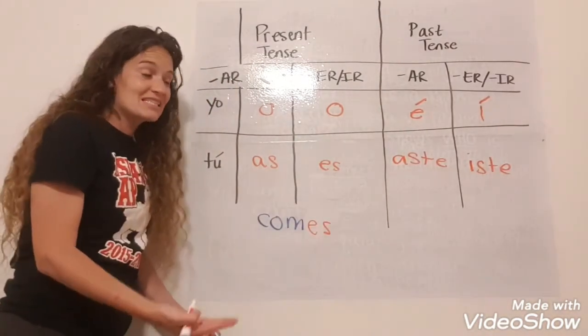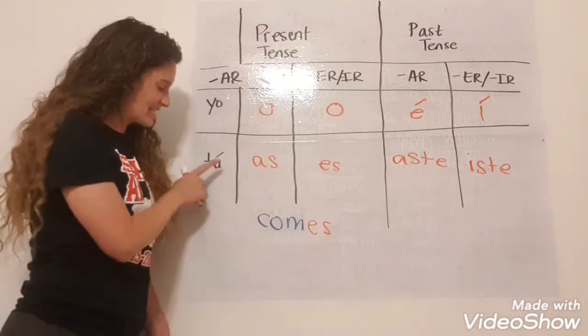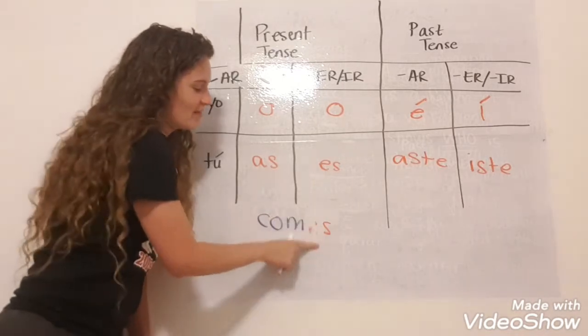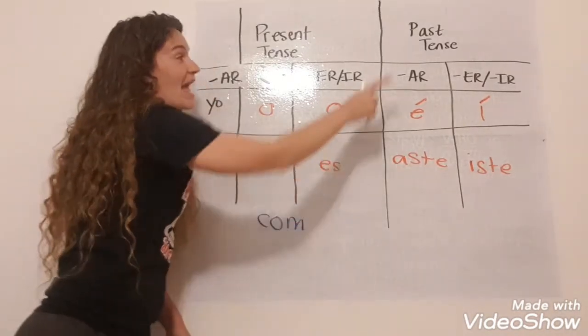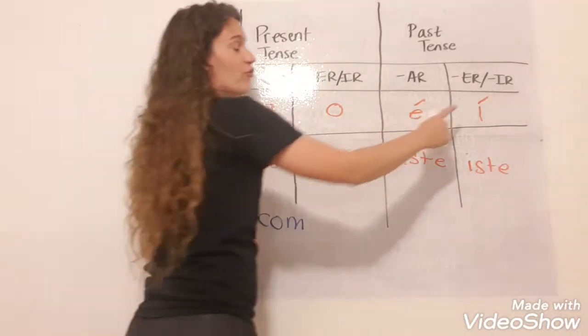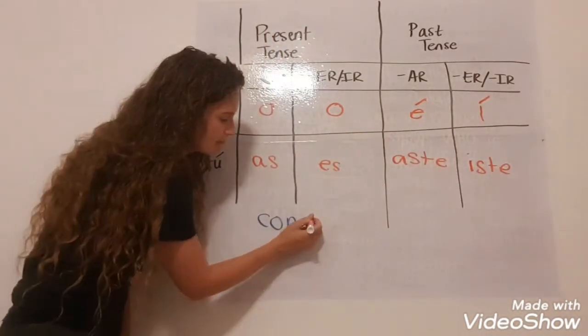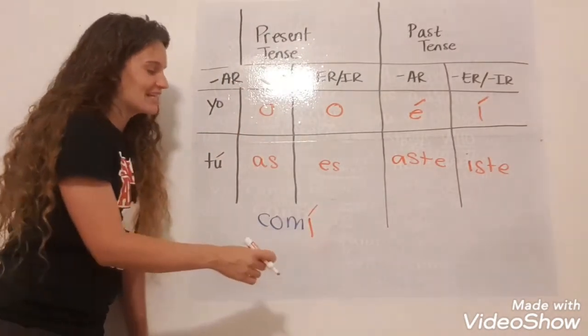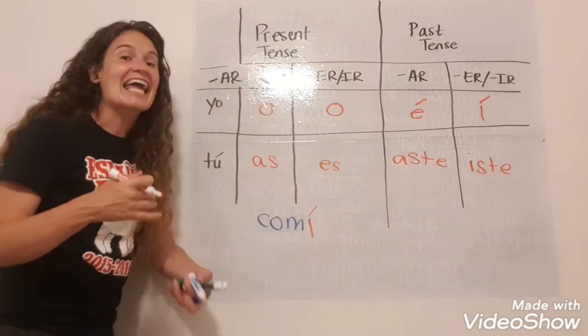If I change that ending to the tú form, that would be comes. Comes means you eat because it's tú form, and tú means you. If I change it to my past tense, I know past tense for yo form of an ER verb is í. So that's comí. Comí is in the past tense, so that's I ate.